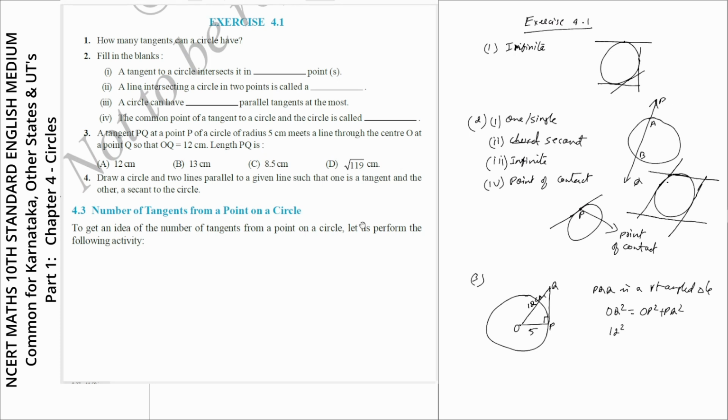So 12 square is equal to OP, which is 5, square plus PQ square. So this is 144. 12 square is 144, equal to 5 square, which is 25, plus PQ square. Now I'll bring this 25 to the left hand side. 144 minus 25 is equal to PQ square.